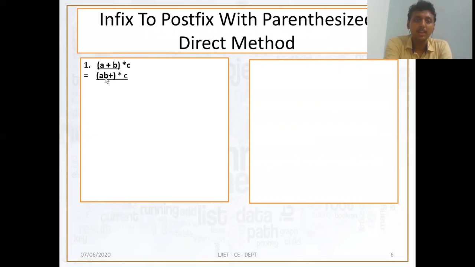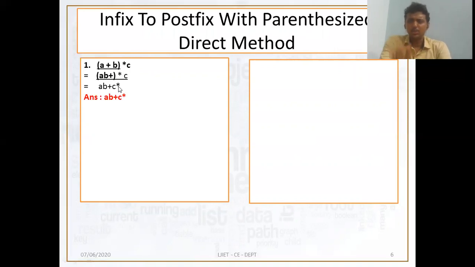So it will become ab plus star c. Now we treat ab plus as one operand, c as another operand, and star is the operator. So we combine ab plus and c together, and put star after c. So the answer is ab plus c star.